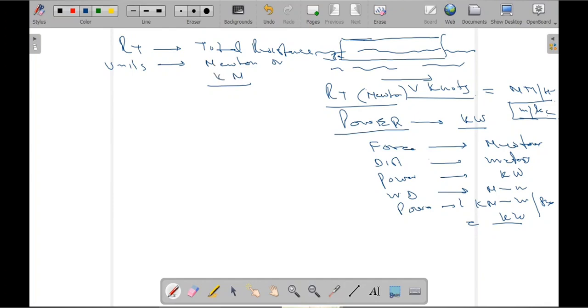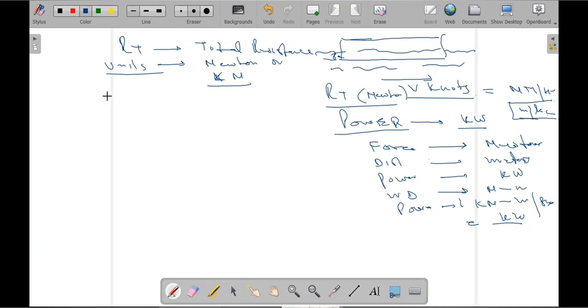But only thing we have to see that in a particular formula, if I am using for power calculation Newton, my answer will come in watts. If I use kilonewton, my answer would be kilowatt, but that we will see later. So force, unit of force is Newton, and that is how we use this, either Newton, which is represented by simple letter N, correct? N or kN, kilonewton. So this is the resistance.